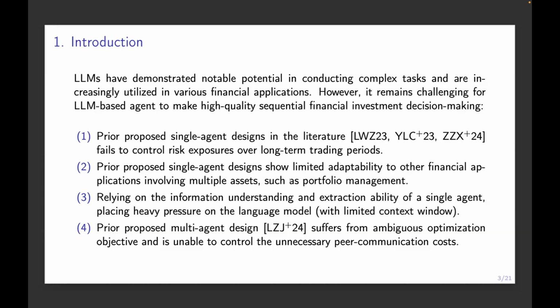Also, most of the literature focuses on single agent design, which places heavy pressure on the language model. We know a language model typically has a limited context window, so this constrains the ability of an LLM-based agent to do such decision-making tasks.